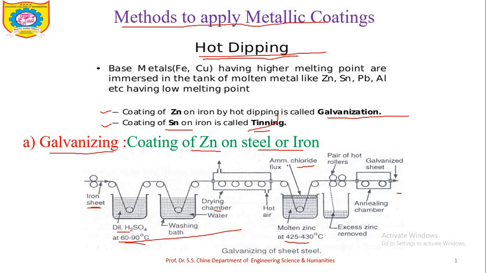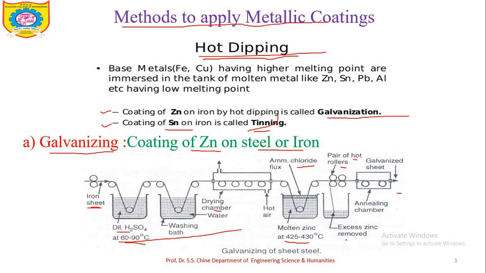Now the iron sheet is removed from the bath. Whatever molten zinc is there gets coated on the iron sheet, and this coated sheet is passed through a pair of hot rollers to get a uniform and thick coating. Excess zinc is removed when it passes through the rollers.